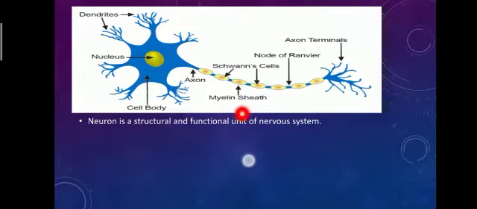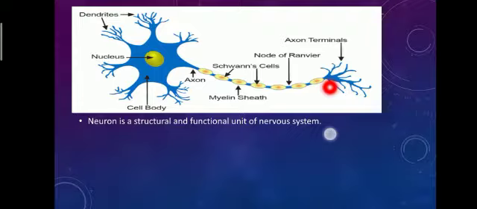Axon is covered by a sheath which is named as myelin sheath, which insulates axon. Myelin sheath is not continuous, there is a gap in between, and those gaps are named as nodes of Ranvier. Myelin sheath is produced by a type of cell which is named as Schwann cells.